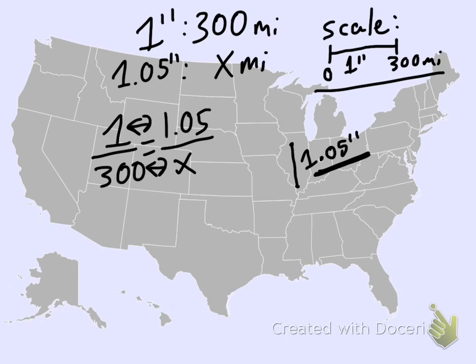You're going to put things with the same unit across from each other on the equal sign. So inches have to be across from inches, miles across from miles. And then now it just becomes a problem like we've been doing. We cross multiply, we get x equals 315 miles.